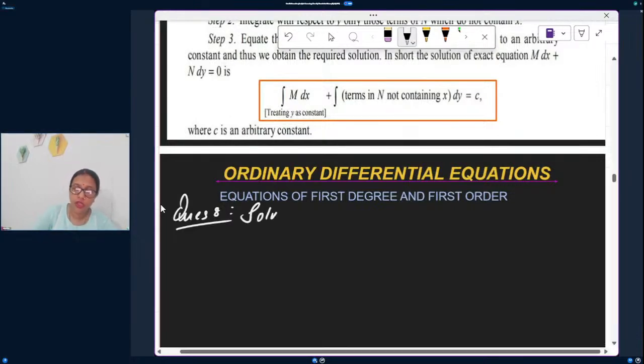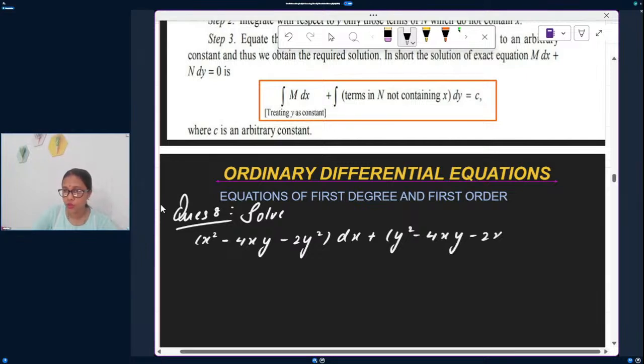Solve x square minus 4xy minus 2y square dx plus y square minus 4xy minus 2x square dy equals to 0.